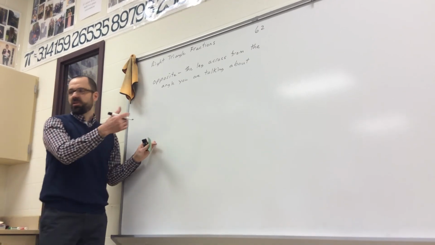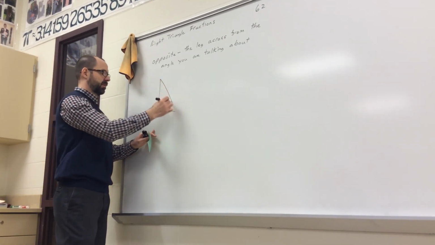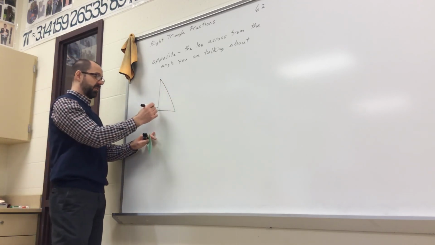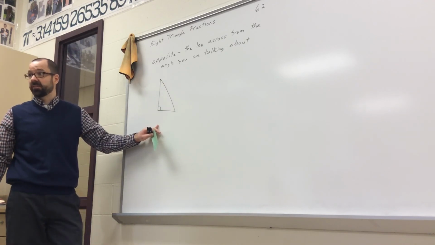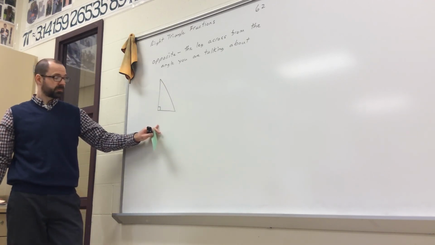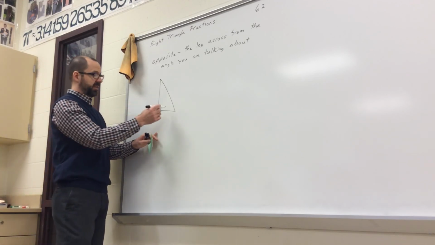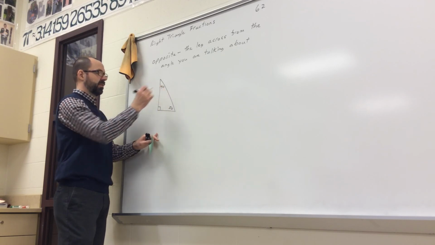So now let's draw a triangle on the note card. And it's a right triangle because everything we're talking about today just has to do with triangles that have a 90-degree angle. And let's say this angle here is 50 degrees, and let's say that one is 40.